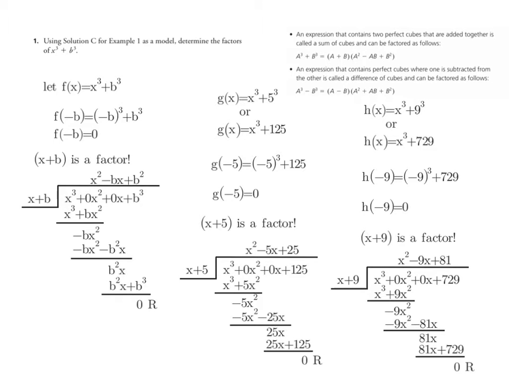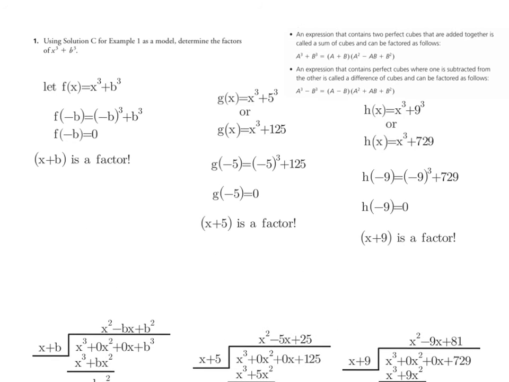Now we're hoping you notice that when you had a 5 cubed and an x cubed, we ended up with an x squared and a 5 squared, and an x squared and a 9 squared for x cubed and 9 cubed, with a minus 9 times x, minus 5 times x, minus b times x. All right, now we know x plus b is a factor, but also the other factor is x squared minus bx plus b squared.